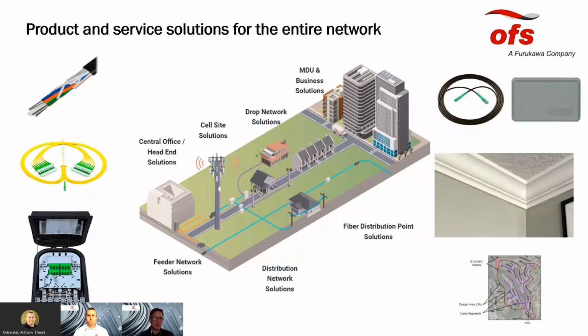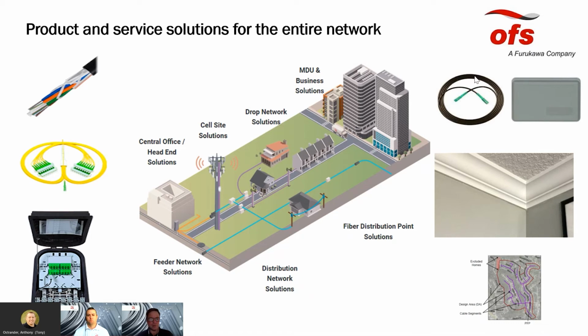So as far as a company, we provide products and service solutions for the entire network. So different solutions for the central office, or feeder and distribution networks, drop cell sites, MDU business solutions. And if you look at the various pictures going around the slide, so we make fiber cable. You can see splitters, terminals.